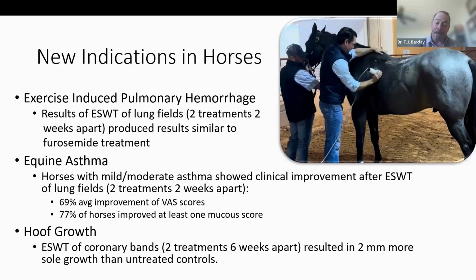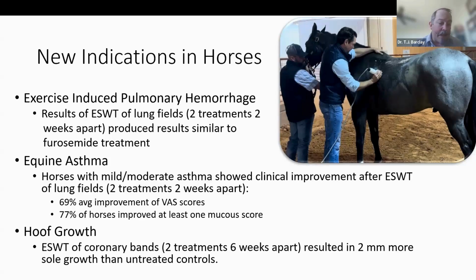That resulted in a study being done solely on equine asthma, where a number of horses with mild to moderate asthma were enrolled. Each of those received two shockwave treatments performed 2 weeks apart on the entire lung field on both sides.